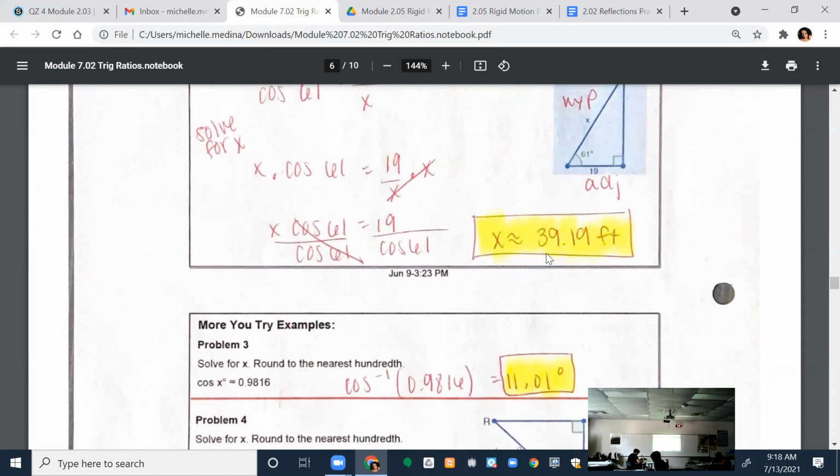And you get 39.19 feet for the hypotenuse. All right, questions about those first two?